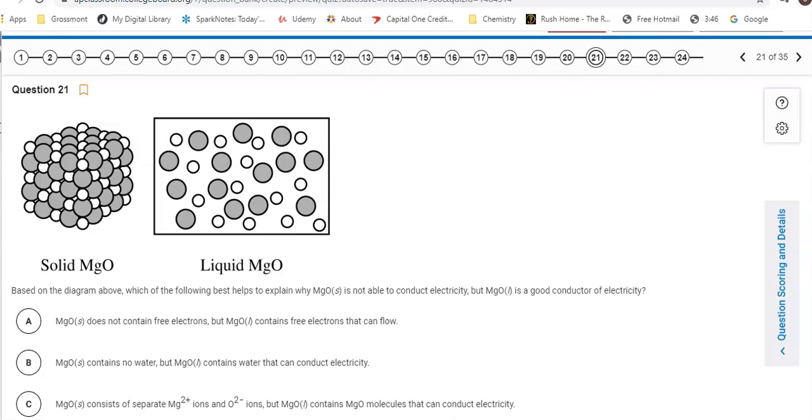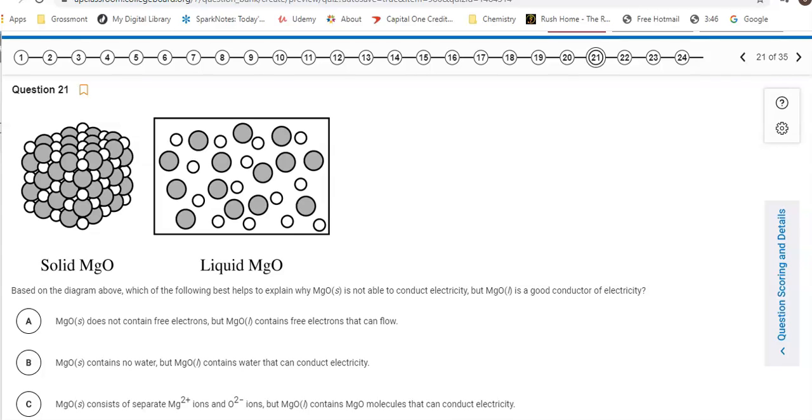That means solid MgO will not conduct electricity. You need ions, you need charged particles to attract and repel electrons in order for electricity to flow. So electricity will flow through liquid MgO because they have a bunch of positive and negative charges there, but not through solid because the entire structure is electrically neutral.